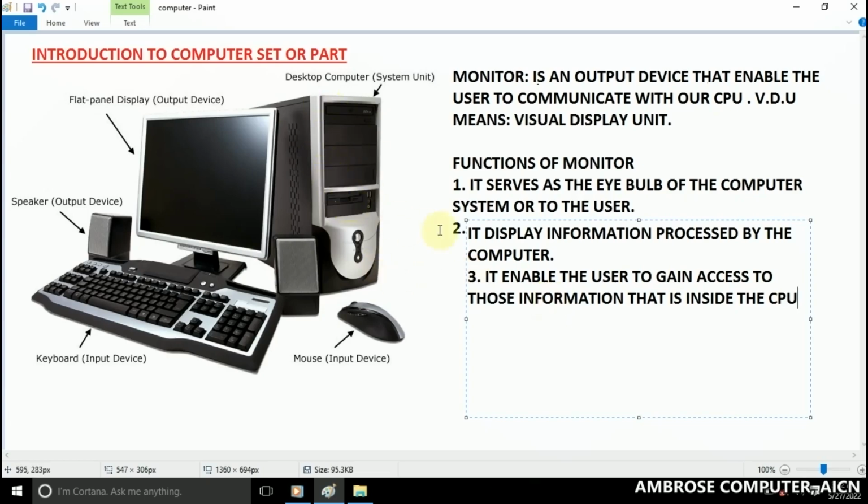With the help of this monitor, we can gain access to the information that is inside this CPU.